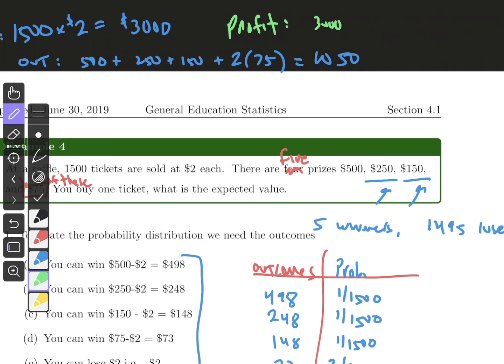So 3,000 minus 1,050 is 1,950. So that's how much money they brought in. Again, more of a tangent, but just real life. This is how much they made from the raffle. All right, that is the end of 4.1. Thanks for watching.